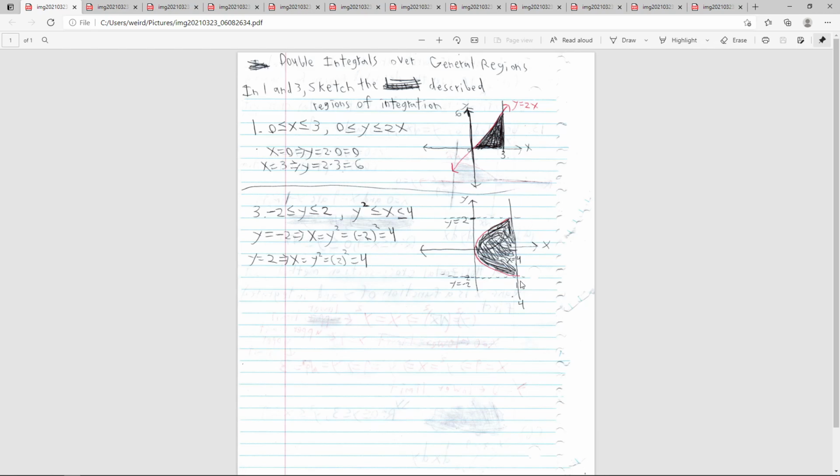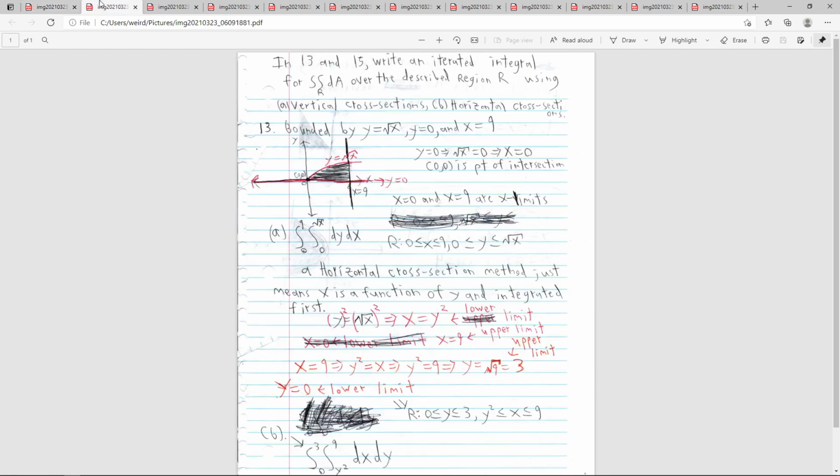Same with this: negative 1 squared is 1, 1 squared is 1, so your x values are always positive because x equals y squared. Negative 2 and 2 both end up at 4 if you plug them in. You could also check 0, but that's pretty obvious. That's your graphs, that's making a quick sketch.